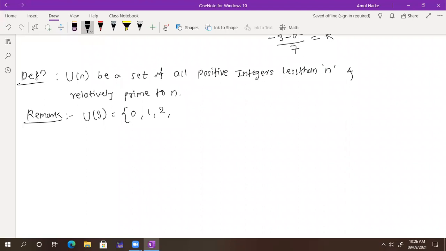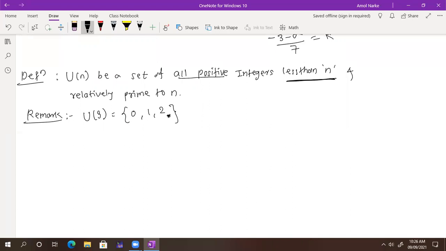What next? Have you read the definition? What are they saying? It is the set of positive integers less than n. Here n is 3, so how many numbers less than 3? Either 0, 1, 2, and all positive.